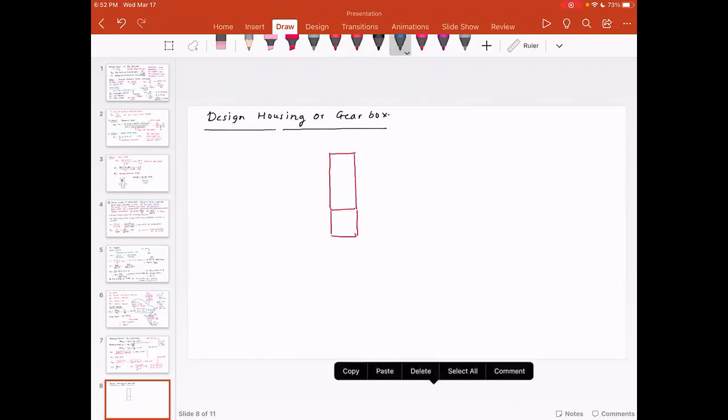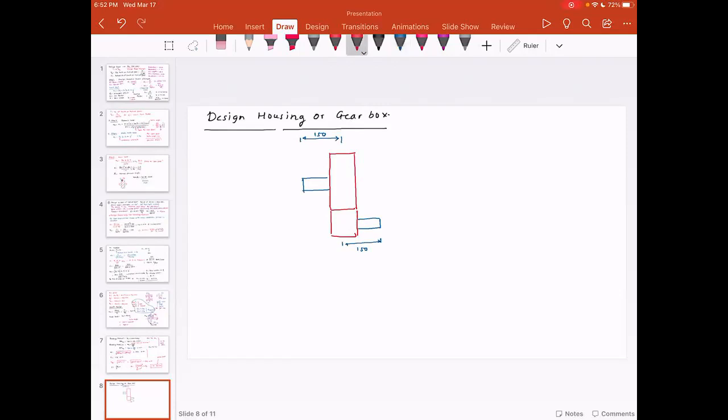And the next step is to look at the configuration. For example, in this particular configuration, the gear and the pinion are cantilevered, and these distances are given to us. Then we should allow some dimension for the bearing.